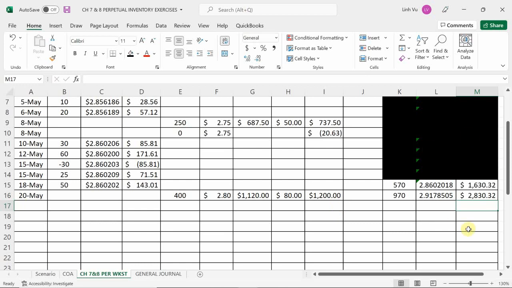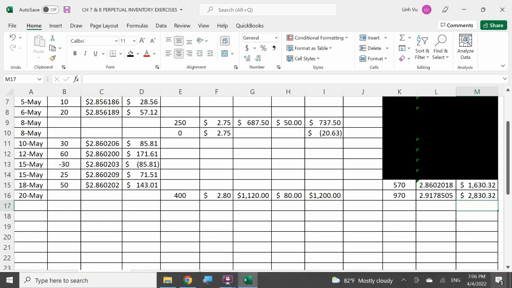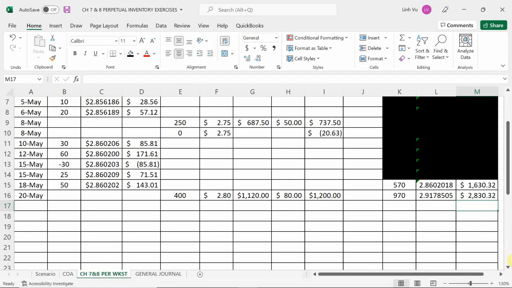In this case, because I purchased my inventory at $2.80, which is 5 cents higher, it's going to increase my average cost. It went from 86 to 91. So that's a lot.